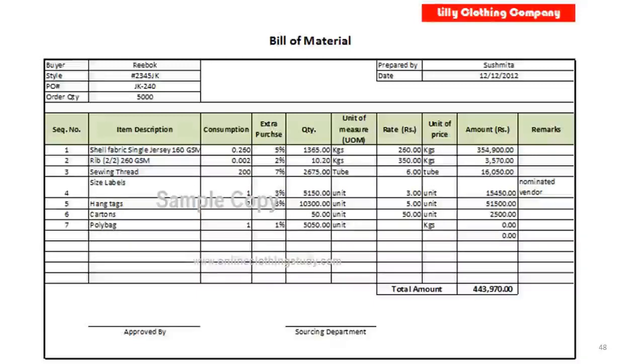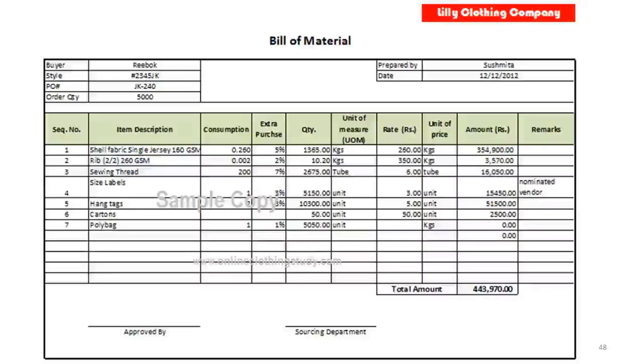But in case of sewing thread, the wastages are very high. That's why you see the extra purchase is 7%. In case of size label, again, the wastages are less, and therefore only 3% extra will be bought. Same for hang tag. And in case of polybag, the wastages are very less. Therefore, we see that for polybag, the extra purchase is only 1%.